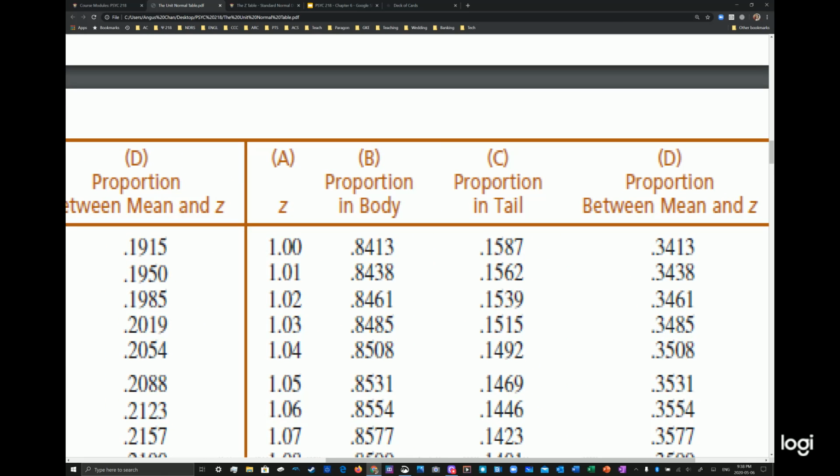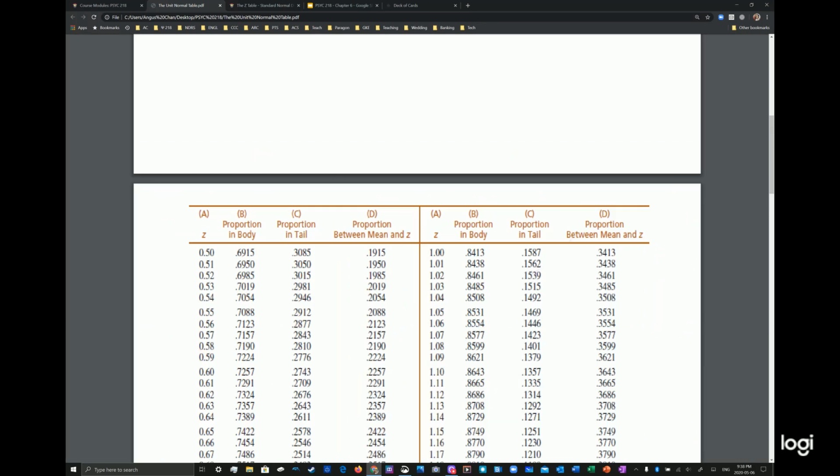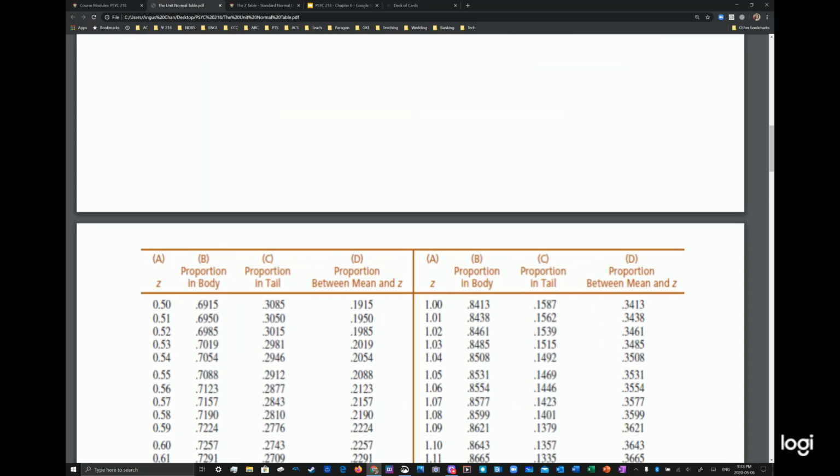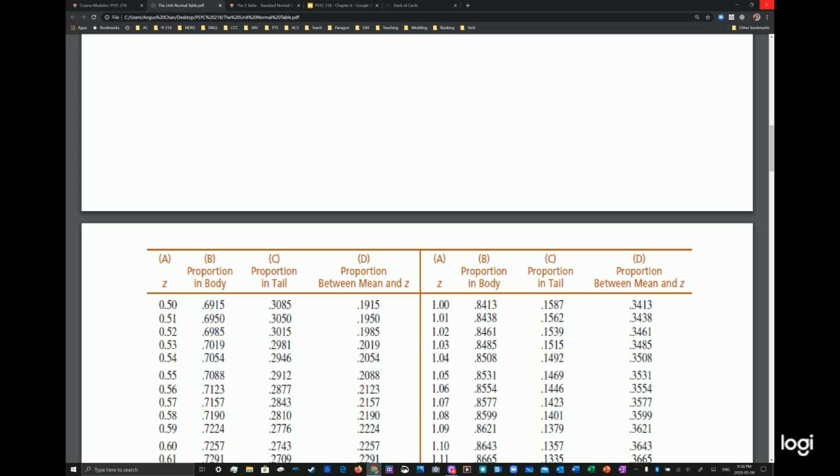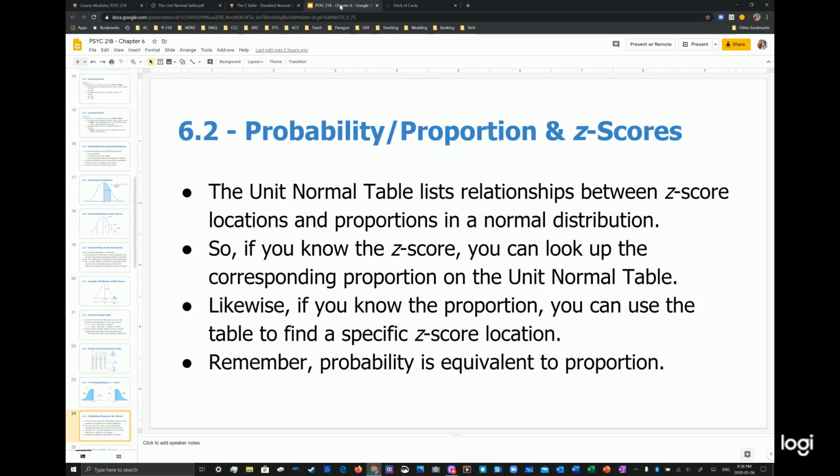Multiply that by 2, you get 0.6826. And so that's how the unit normal table works. And we can try some more with some practice questions right after this slide.